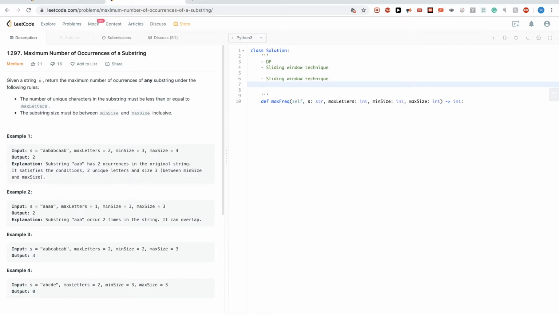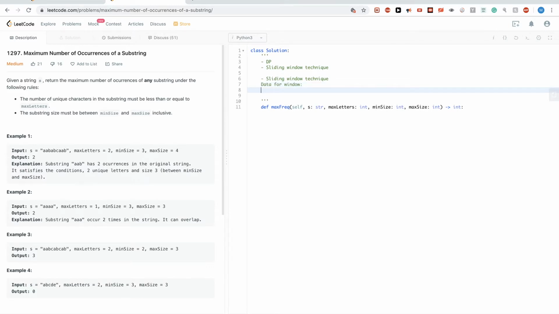So the data for the window is actually the number of unique characters plus the substring, right?